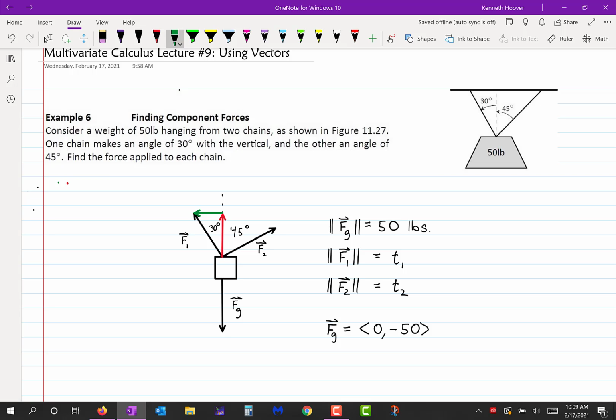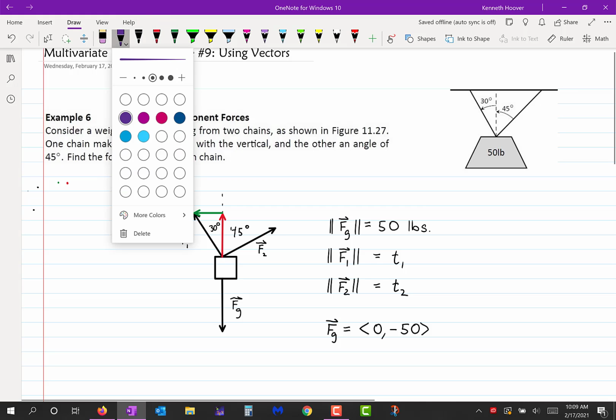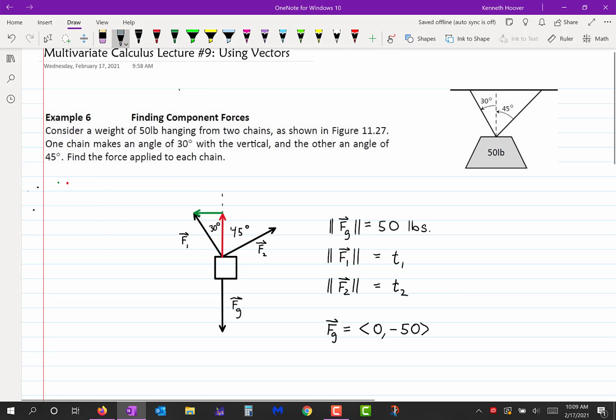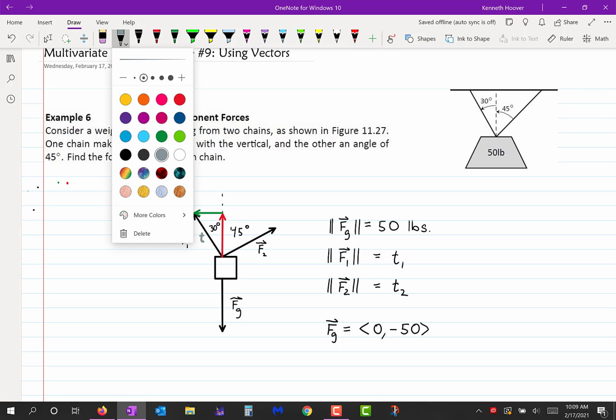Now, do you see that force 1, that black arrow, is the sum of the red and the green vectors, right? The length of the black arrow, let's write that in gray. The length of the black arrow is T1.